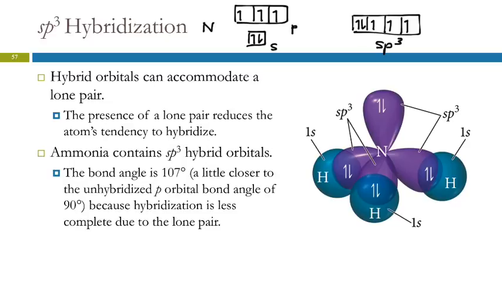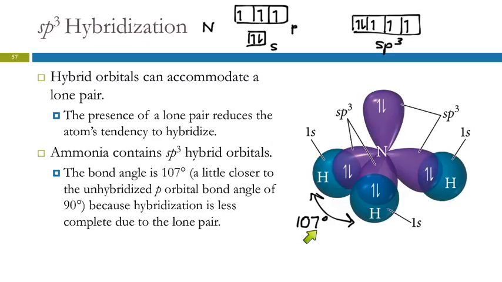Valence bond theory explains the change in angle a little bit differently than VSEPR theory does. So what we observe is that the bond angle here between the hydrogens is 107 degrees. Perfect tetrahedron would be 109.5.